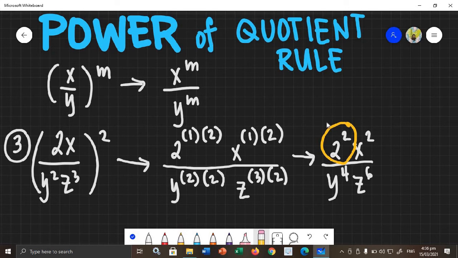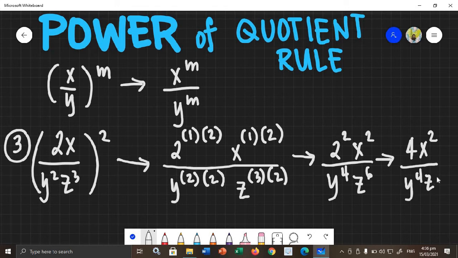Pwede pa natin siya i-simplify, no? So, ang mangyayari dyan is 2 raised to the second power can be simplified as 2 times 2, that is equal to 4. And then, copy na lahat. X squared over y to the 4th, z to the 6th power.